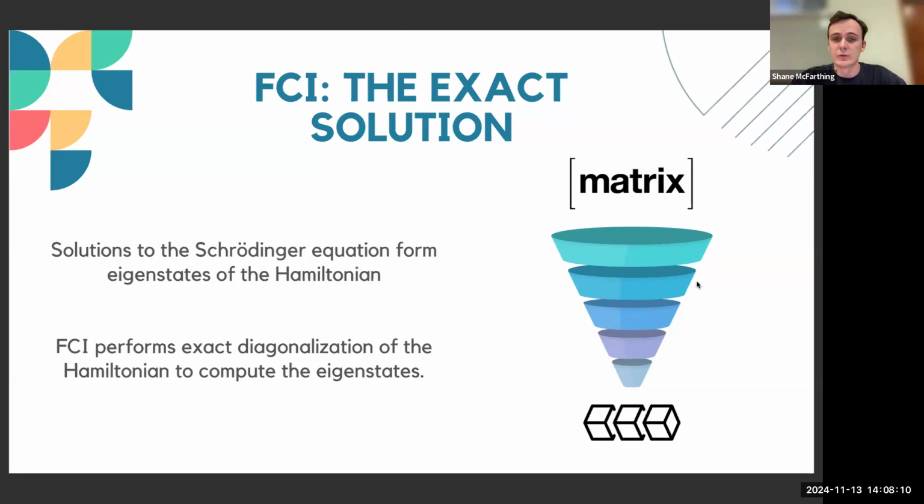If you try to visualize the wave function that is output by the full CI method, it's a linear combination of every possible valid electronic state of the system, and the coefficients in that wave function have all been exactly set in the diagonalization process.